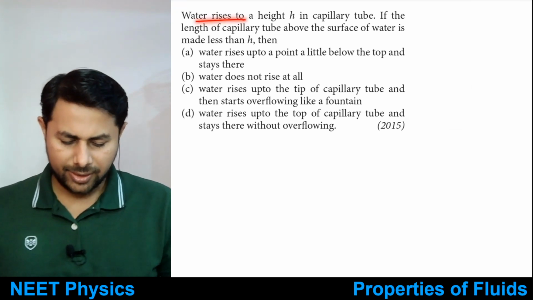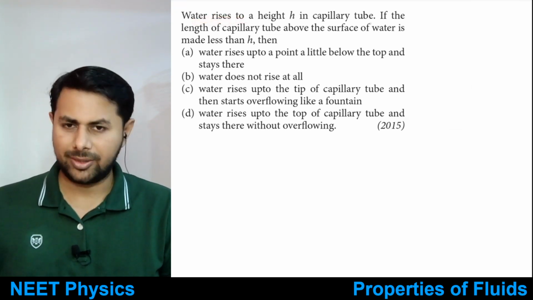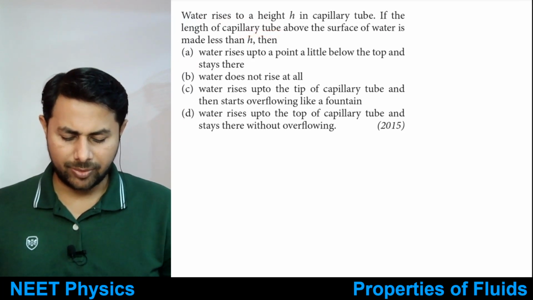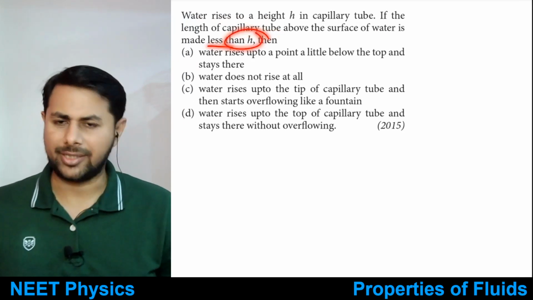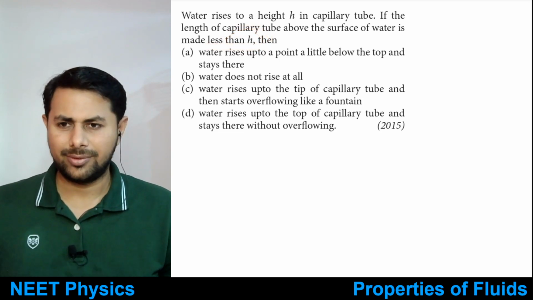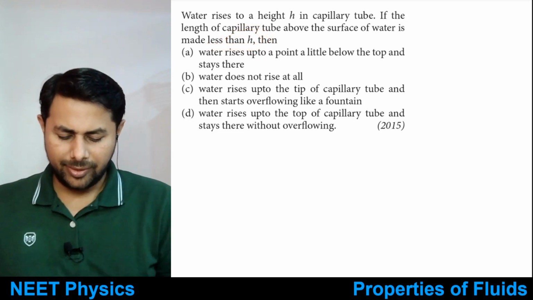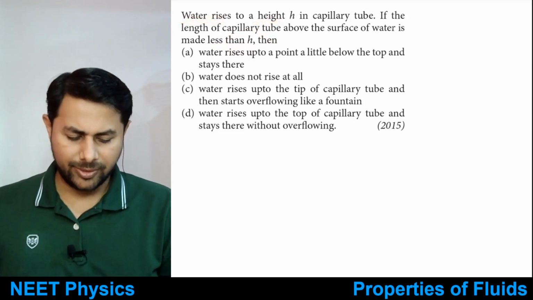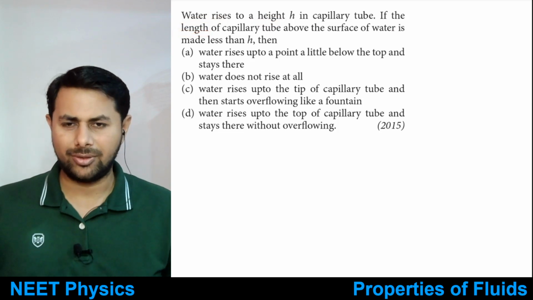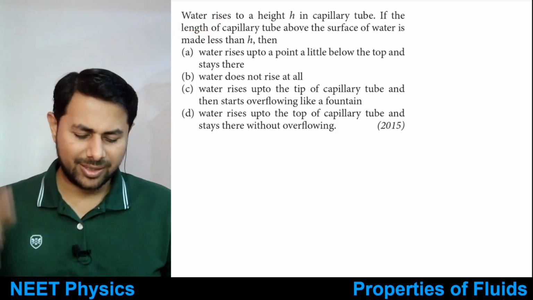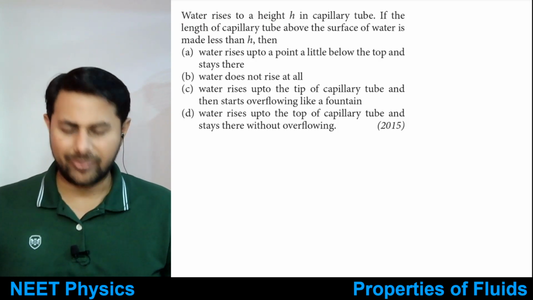Water rises to a height h in a capillary tube. If the length of the capillary tube above the surface of water is made less than h, then what will happen?